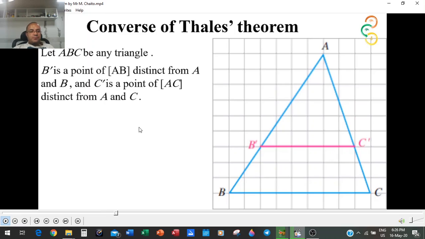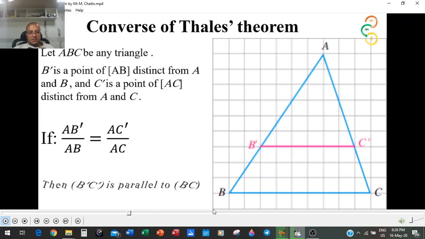Okay, what do we have also here? If AB prime over AB equal AC prime over AC, then B prime C prime is parallel to BC. This is the converse of Thales theorem.